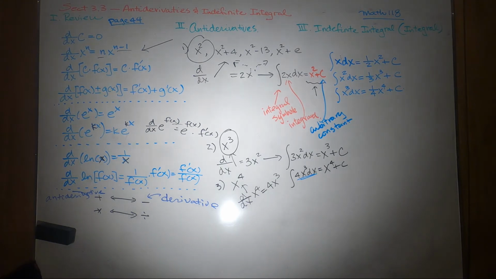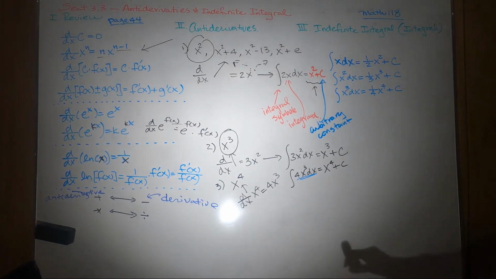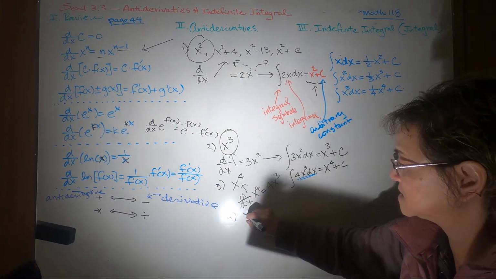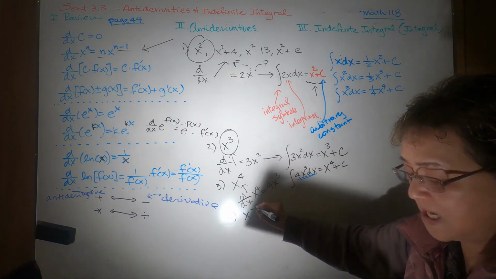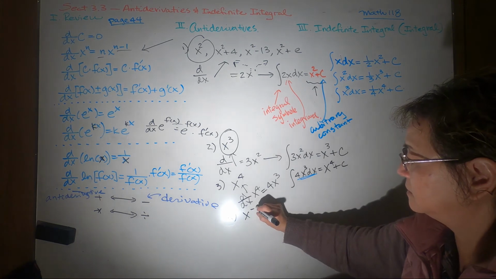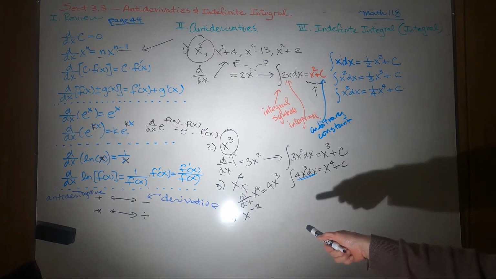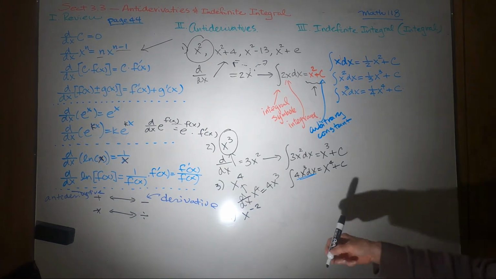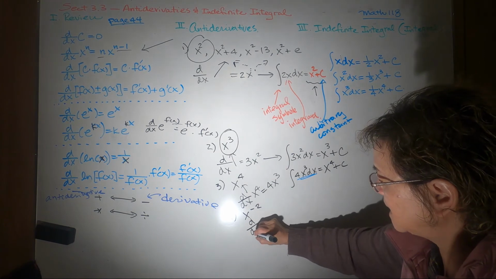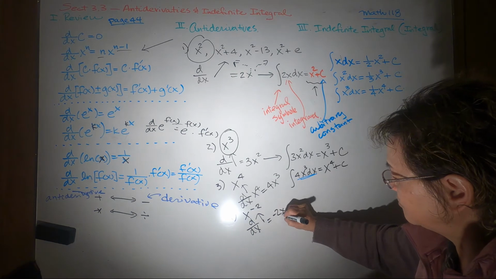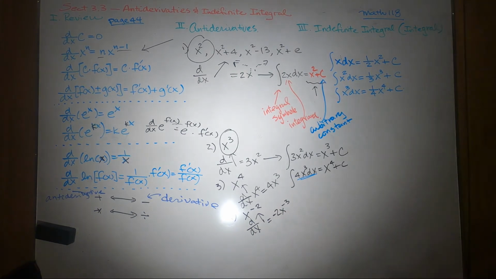Okay, then if we do the x to the negative 2, same thing, we use the power rule, right? Drop one level, so the derivative for this one, that would be what? -2, drop one level, -3, right?